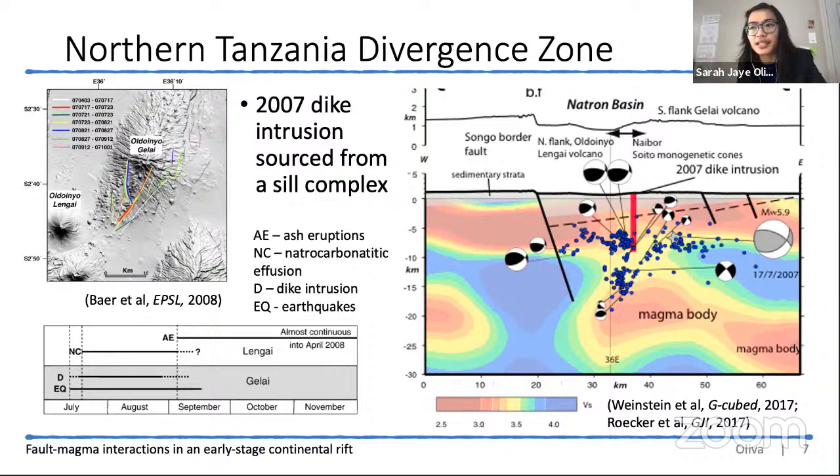But in this case, Gelai has not been active recently. The only active volcano in this area is Lengai, which is right there in the south. So we think the magmatic system in this region probably extends south of Gelai, in which case the radiation pattern makes a lot more sense. It's just not coming from Gelai.